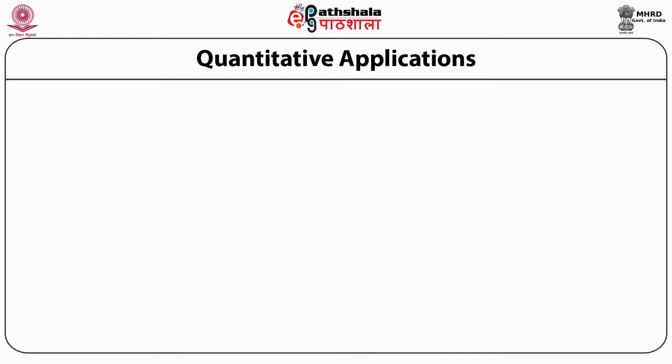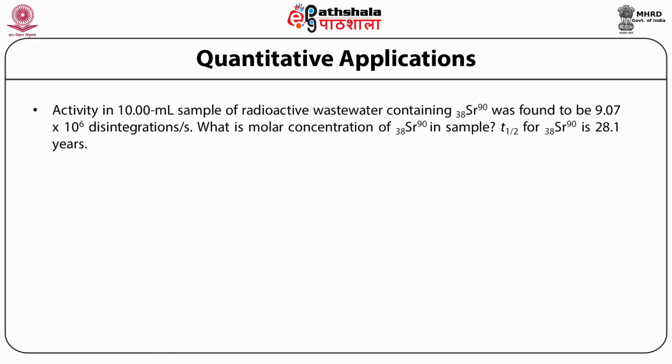The activity in a 10 mL sample of radioactive wastewater containing strontium-90 was found to be 0.07 × 10^6 disintegrations. Its molar concentration of strontium in the sample can be determined if the half-life for strontium is given, and the half-life given is 28.1 years.